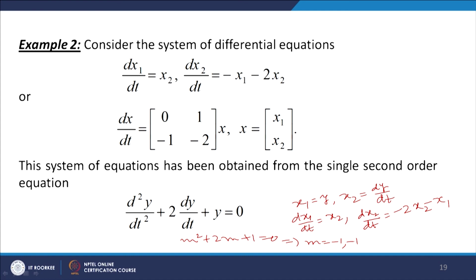So, the two values of m are the same, and therefore the general solution of this second order differential equation will be y t equal to c1 plus c2 t into e raised to the power minus t. So, we can take two solutions of this second order differential equation as y1 t equal to e to the power minus t and y2 t is equal to t into e raised to the power minus t. Okay.